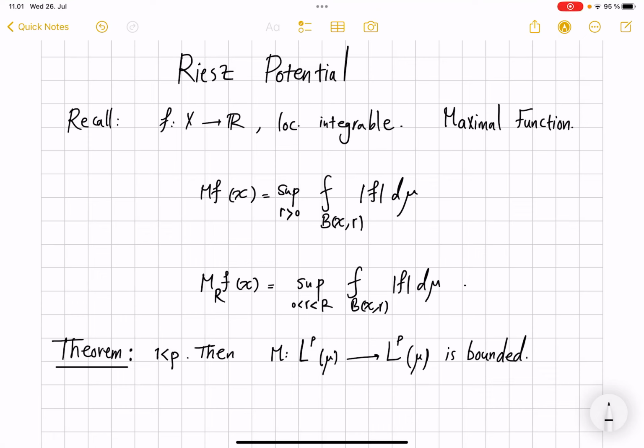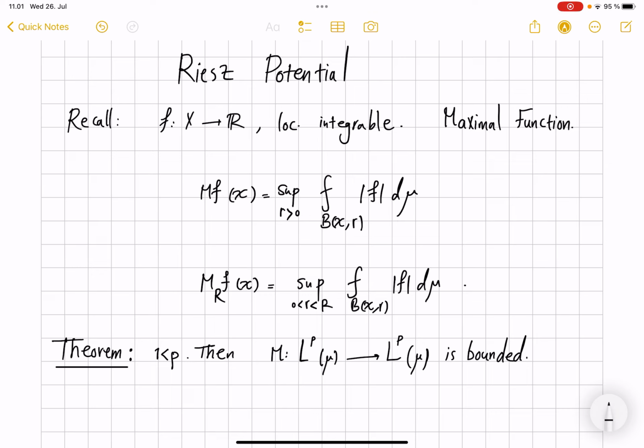After introducing Hajłasz-Sobolev spaces on arbitrary metric measure spaces, we decided that it would be nice to have some actual calculations done in Euclidean space to get some idea of how they relate to the classical Sobolev functions.